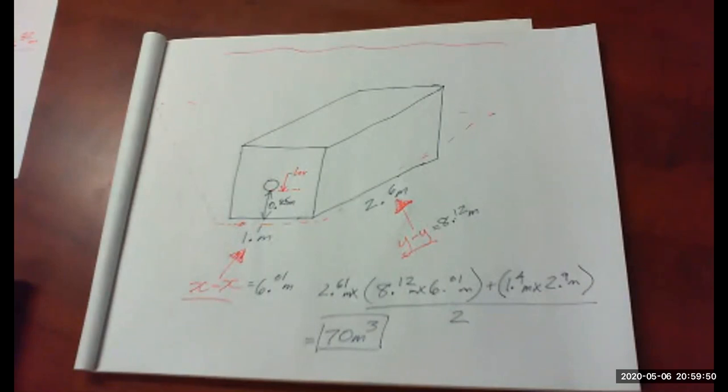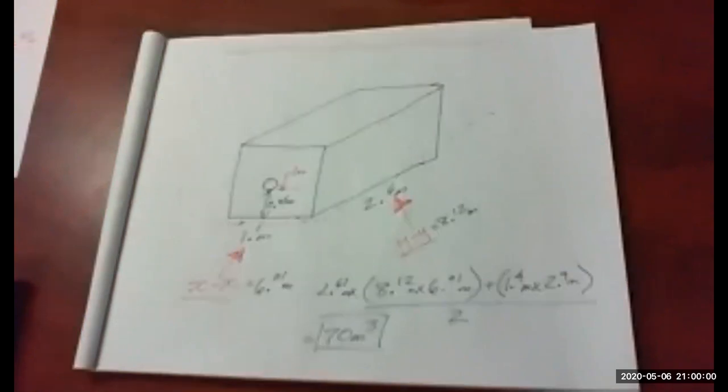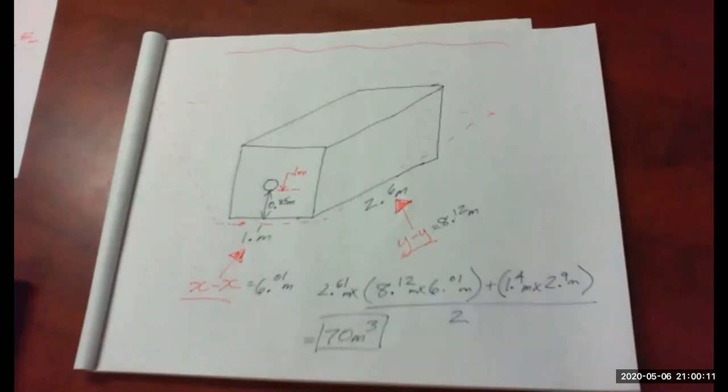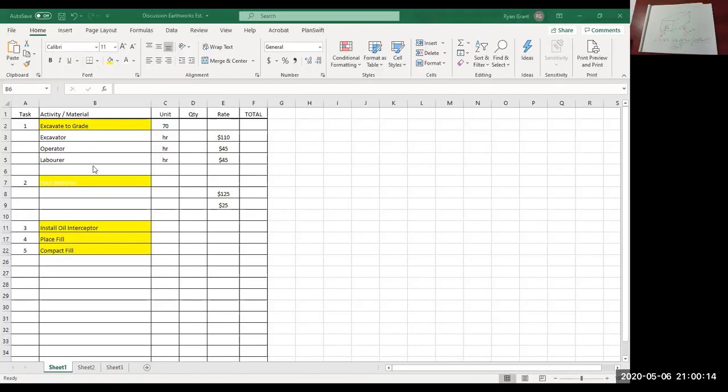Here we are. So here is our 70 cubic meters, right? So that's what we just calculated. That's our excavation volume.